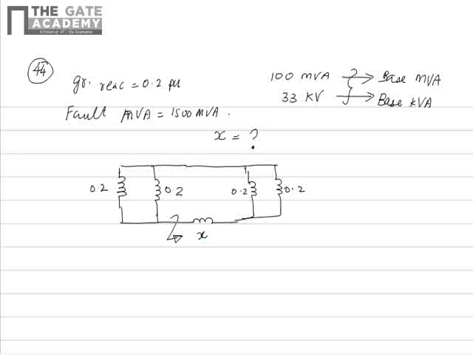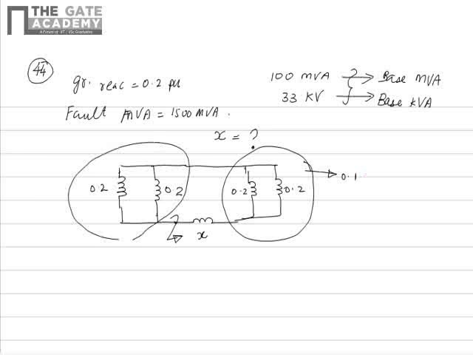So from the fault point we can find out the Thevenin's equivalent reactance. These two will be in parallel having an effective of 0.1 and these two also will be in parallel having an effect of 0.1.